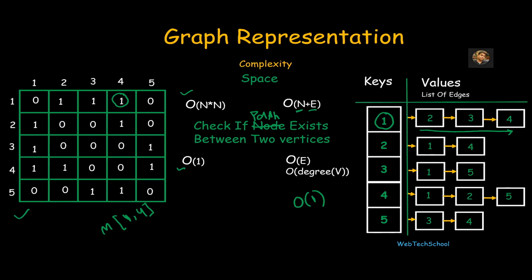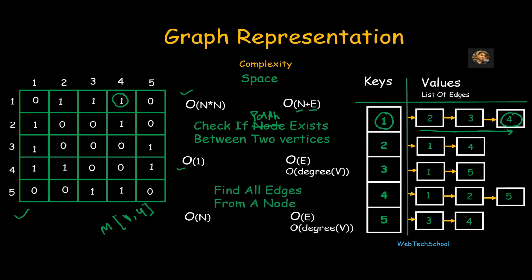For finding out if a given node is present in a linked list or not, we have to traverse through the entire list in the worst case. So that will become big O of the number of edges in that list, which will be equivalent to big O of E, where E stands for the number of edges. The number of edges is also called the degree of the vertex. So we can say big O of degree of vertex.